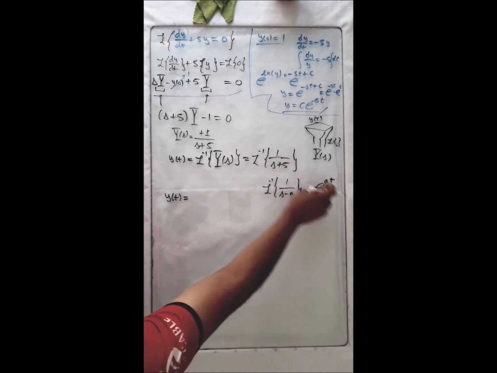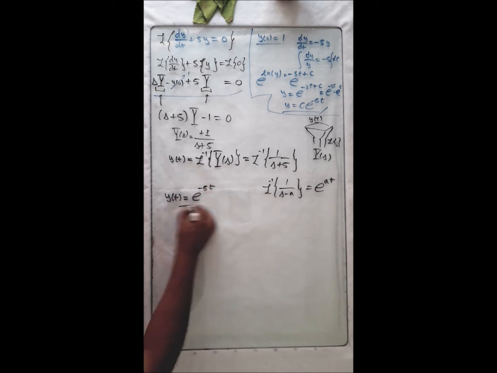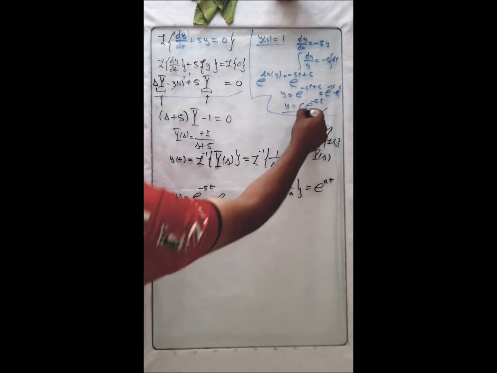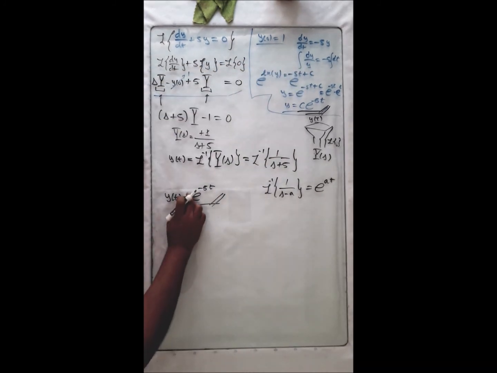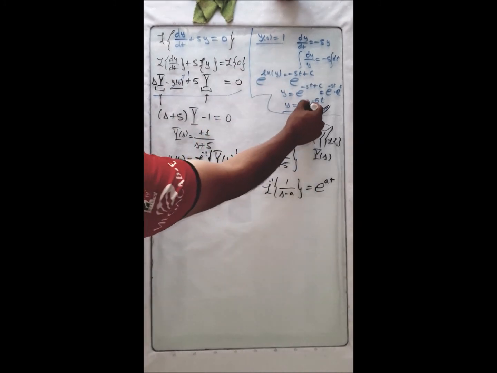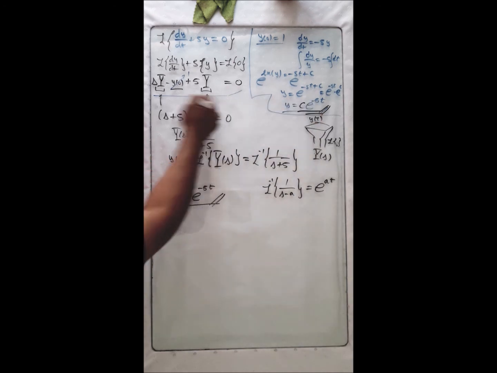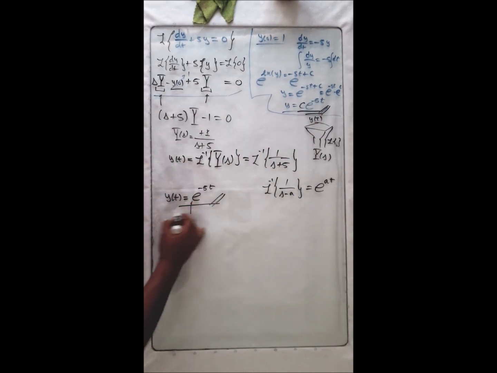Here it is plus 5, then it's going to be the exponential of minus 5t, which is the same solution that we found before. Now, why don't we have the constant here? Well, we do have the constant, it's here. It's just that in the previous problems, you have to calculate the constant at the end. But here the constant is given at the beginning, so you already have the solution now.